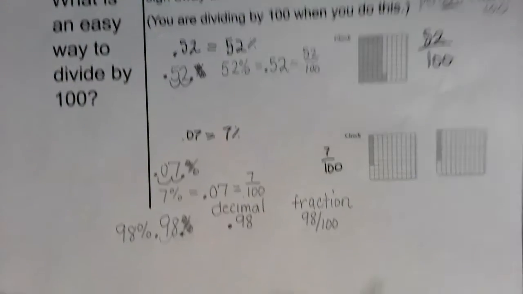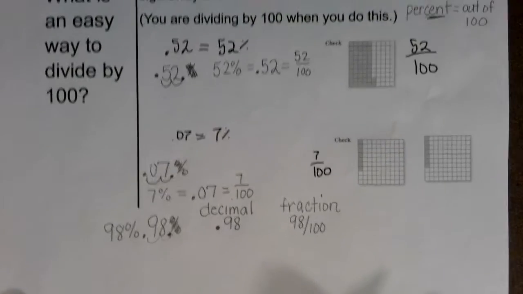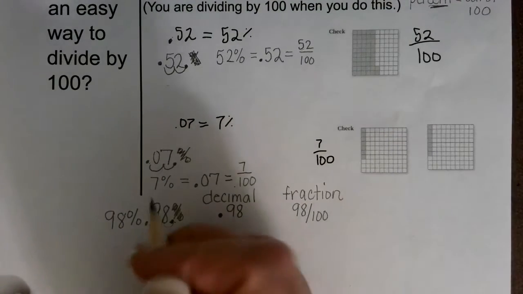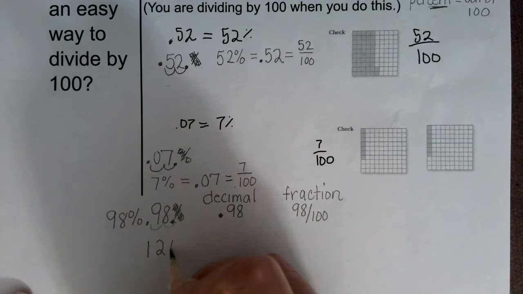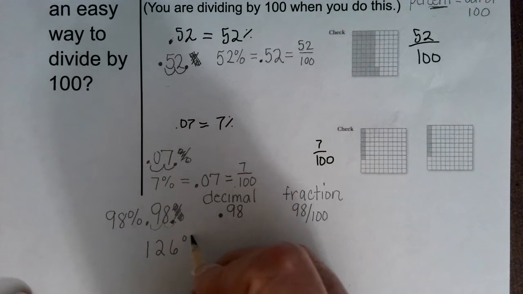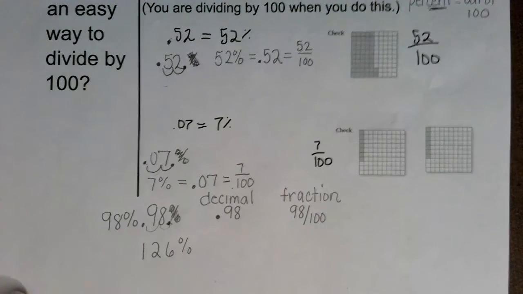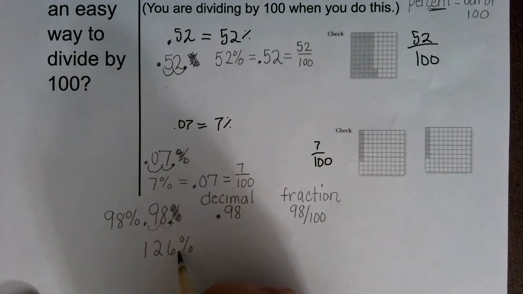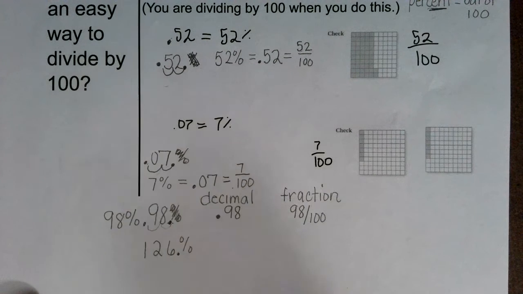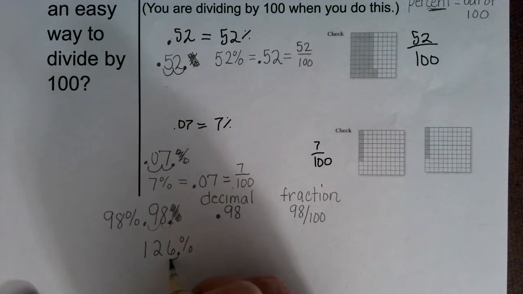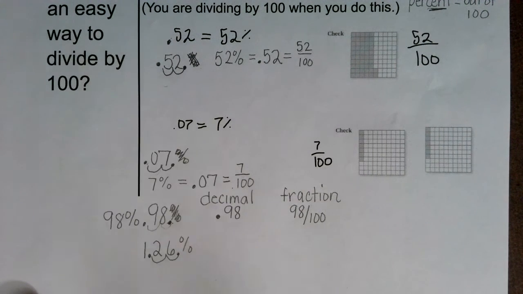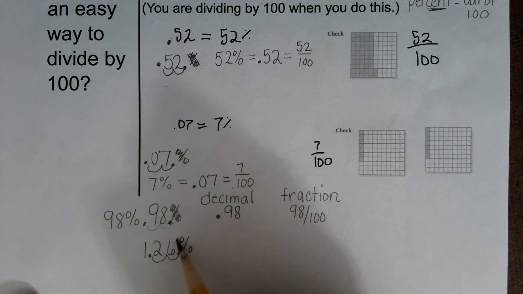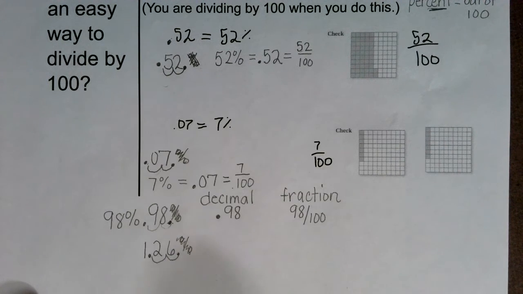Then we also talked about if you've got a number like 126%. Again, that decimal point is after the 6. We're going to move that decimal point back 2 places, and then we're taking away that percent sign.